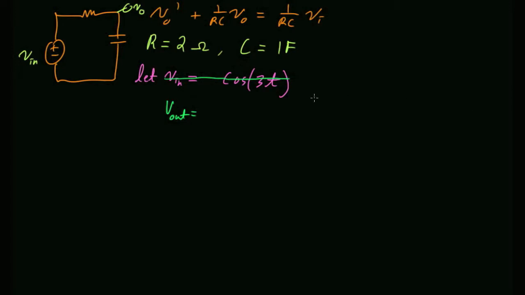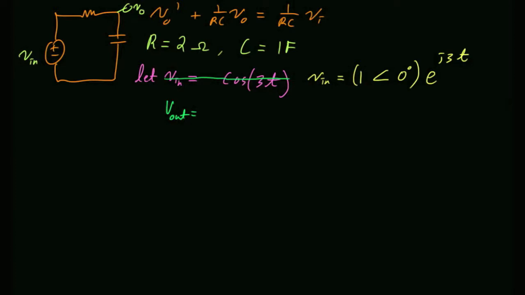I'm saying, okay, whatever, we'll get back to that. What I'd really like to do is to find my output when my input equals 1 angle 0 e to the j 3t.